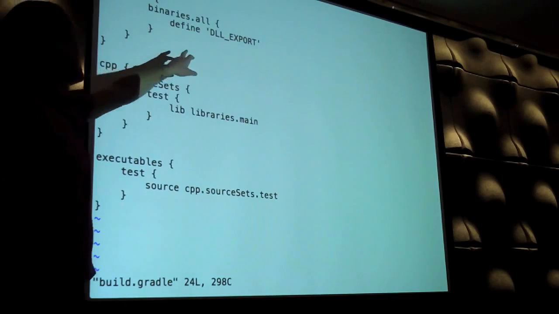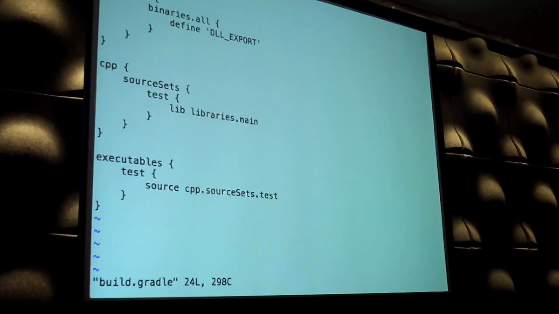We just want to define this DLL export preprocessor macro. So this is about building the library. And then this stuff down here is about building the test executable. So I've defined some test source. So a test CPP source set. And by convention, the source for that guy is in src/test/cpp, and then src/test/headers.